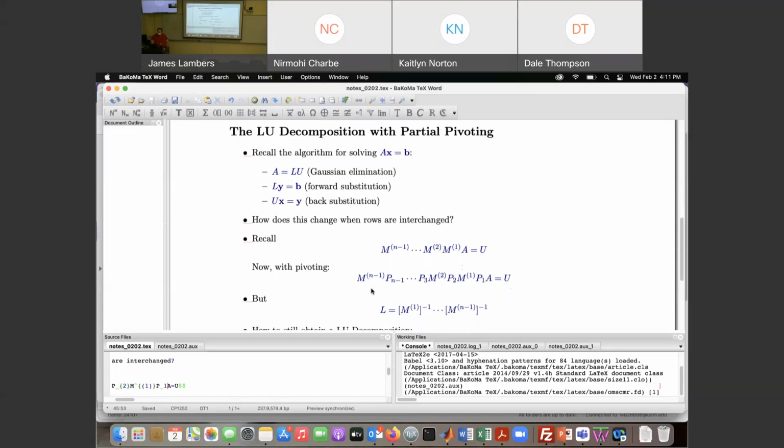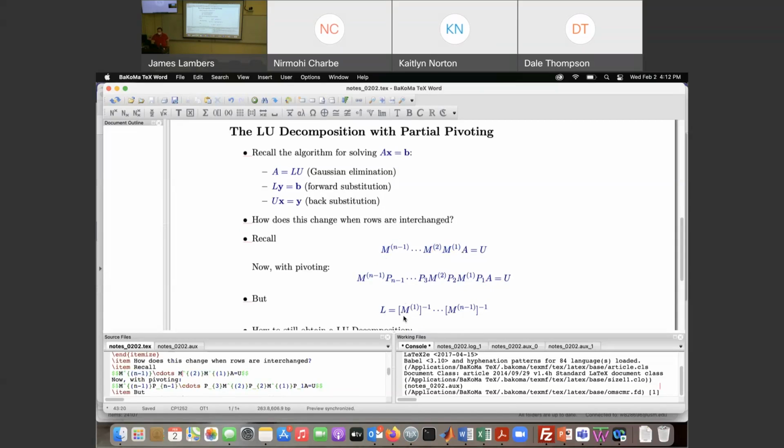Now, here we have a problem, because in the LU decomposition, the matrix L comes from these matrices right here. It's a product of their inverses. Another way of putting it is this matrix right here, the product of all of these, that is L inverse.